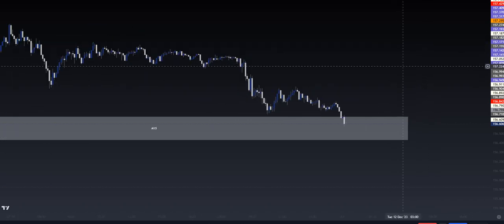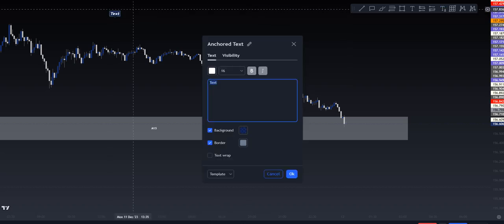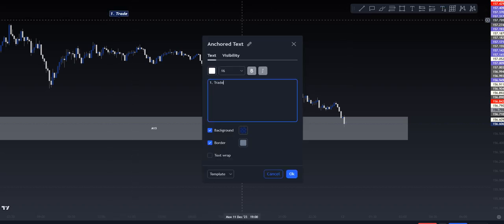We'll see. So there's 3 parts to a trade. Okay, those 3 parts are: 1, trade analysis; 2, trade execution; okay, and 3, trade management.